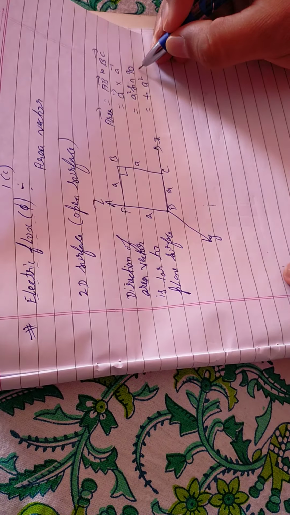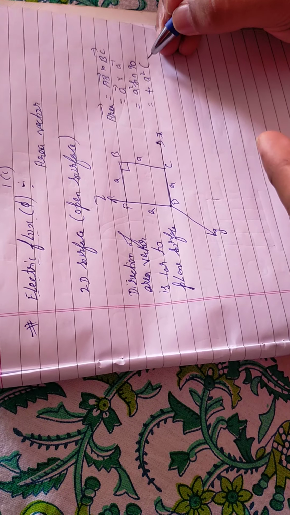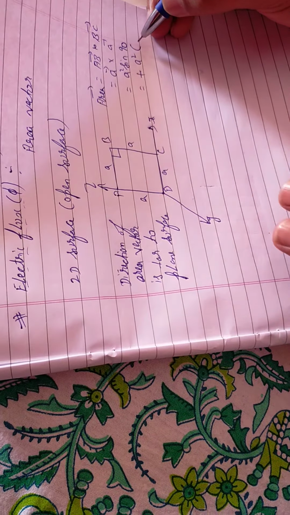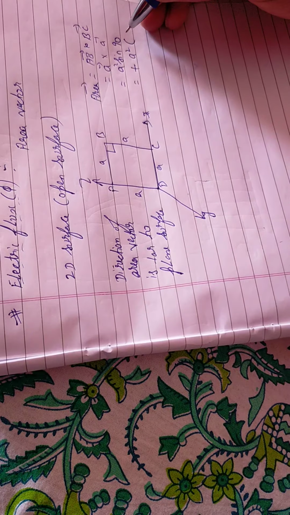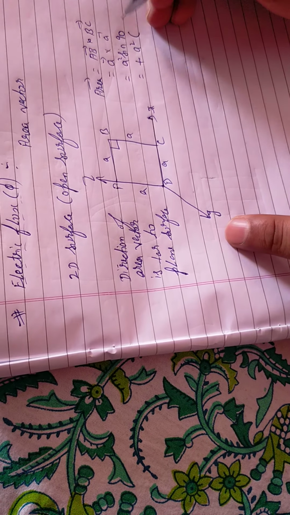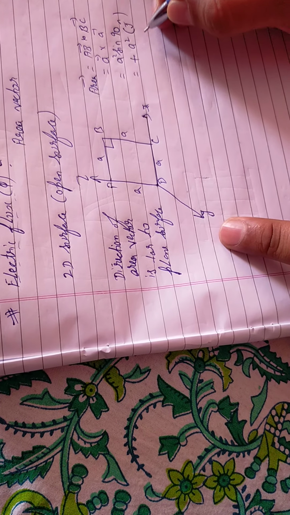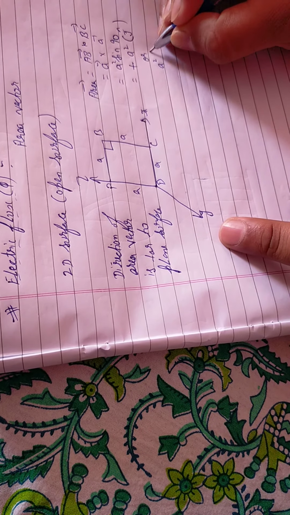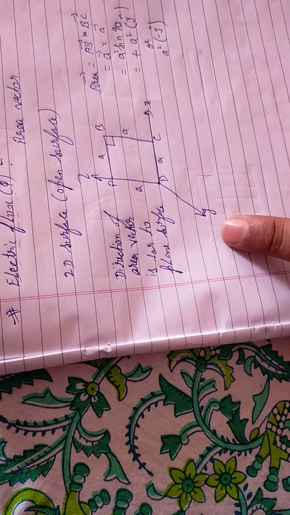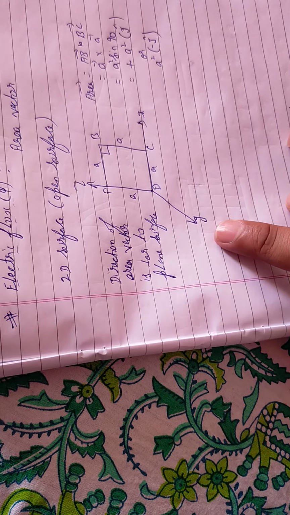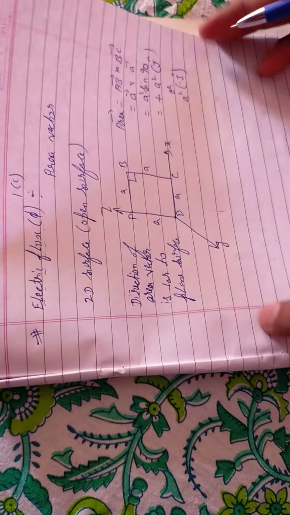It can be negative also and positive also, we cannot conclude that, so both directions are correct. Along y perpendicular, that is j cap, plus A square j cap is correct, or A square minus j cap, both directions are correct. This is for a 2D surface.